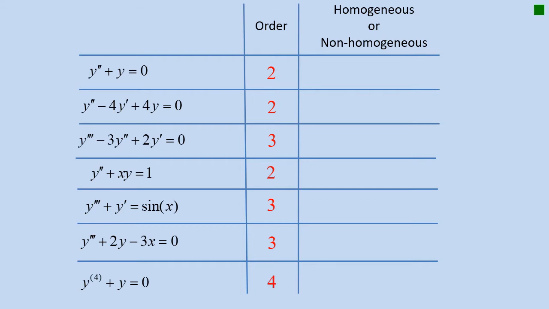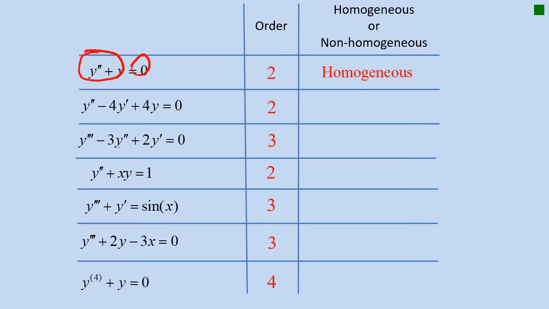Now, the term homogeneous refers to the fact that we have the stuff that's over here equal to 0.